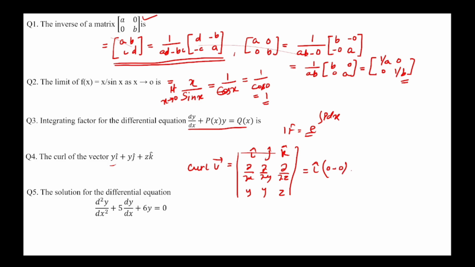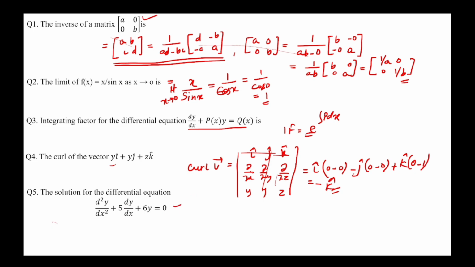Okay, j is minus 0 minus 0, plus k times 0 minus 1. Okay, so minus k is the curl.